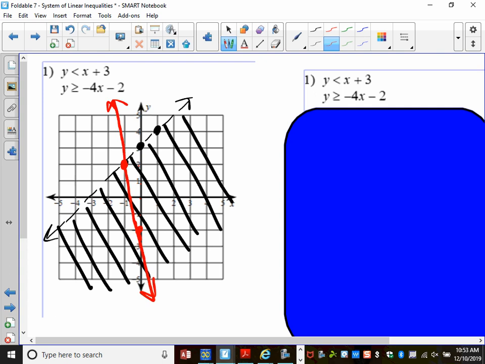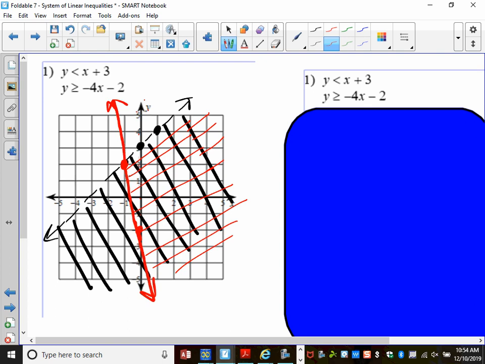So I already know there's no sense in me shading up here, because I can tell that the two are going to overlap right here where you see the two different colors. So if you're just using a pencil, then you just want to make sure when you see my two colors that that part is a lot darker than the rest.